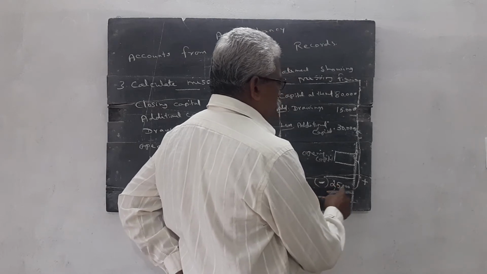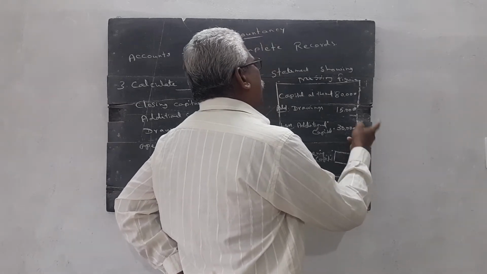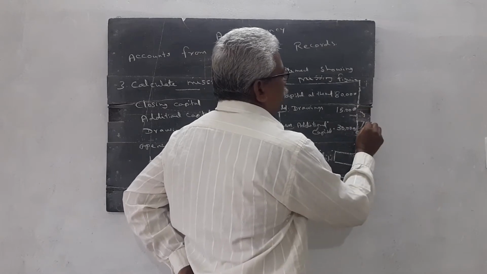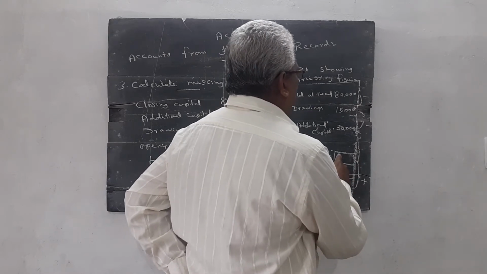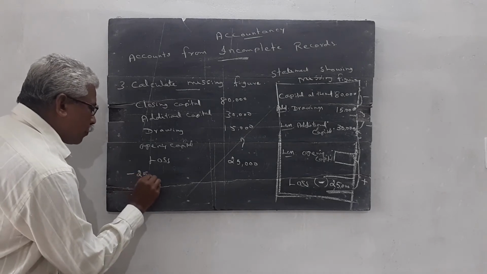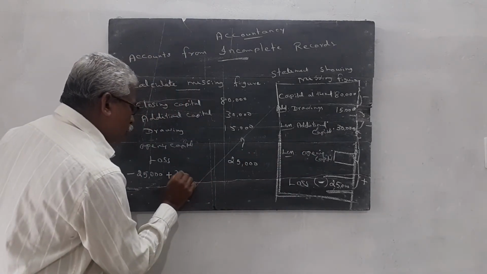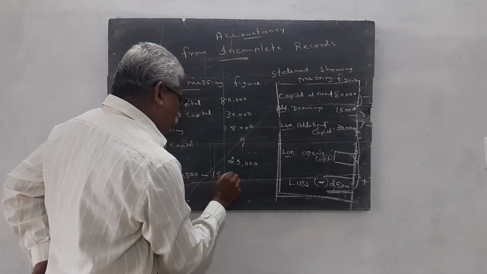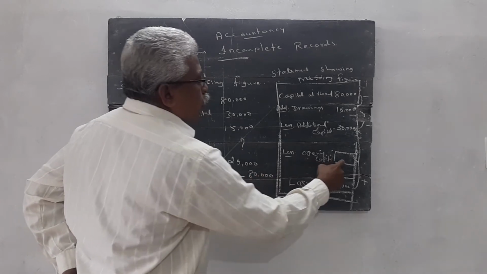Then here the word add is given, so we have to subtract it. Here you put minus. This amount is minus, and we can get the opening capital. Write the answer here. Minus 25,000 plus 30,000 minus 15,000 minus 80,000, we can get opening capital.